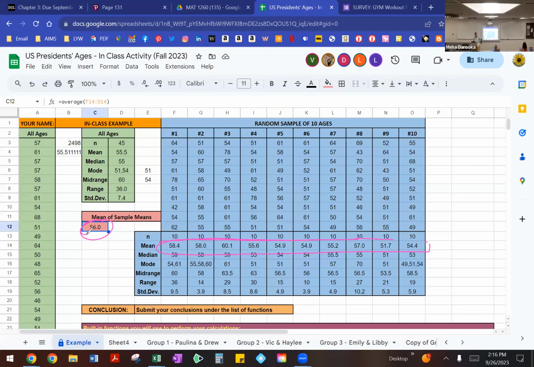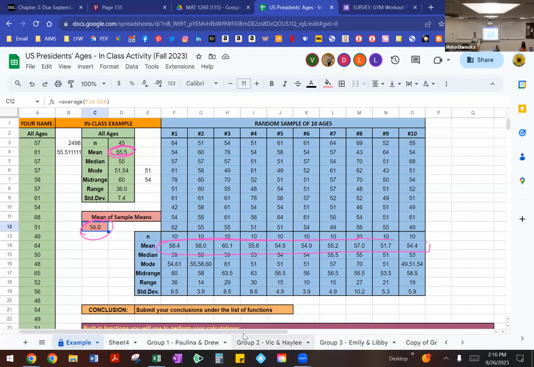So this is for my example that you guys are looking at. It should be very similar to this number here. So that actually tells us that if you do your random sampling correctly, your mean of sample means should come out to be same or at least close enough to your population. And this is also something you will actually come across as you move forward in different chapters here.